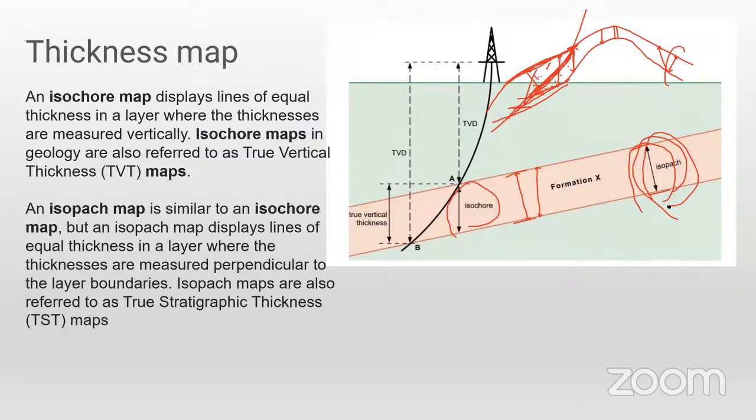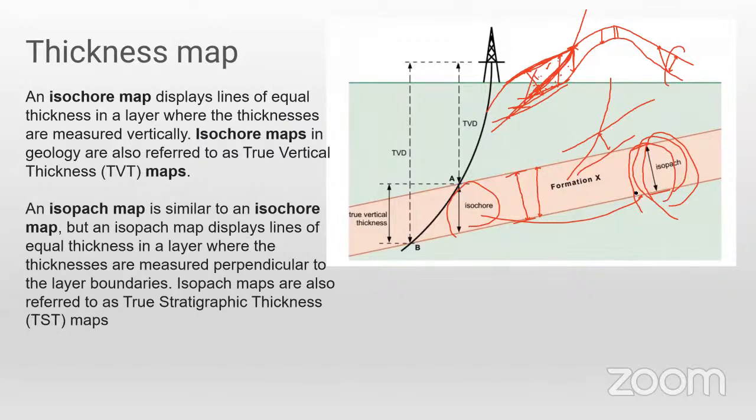In the Petrel software, you can see just the isocore, but in reality it's the isopack that matters, because you give Petrel the horizons and also the direction of the well, and it calculates the true stratigraphic thickness for you, not just the true vertical.